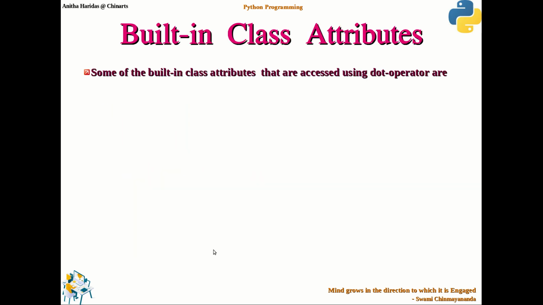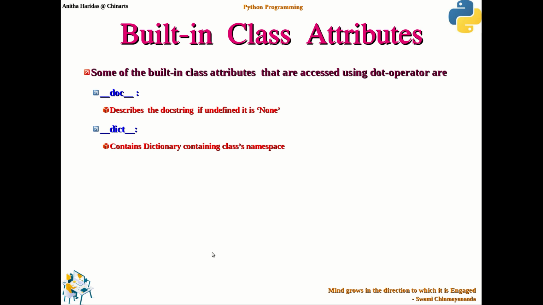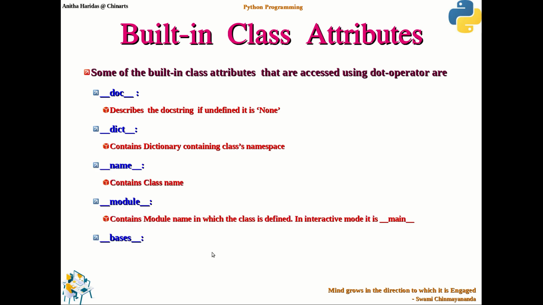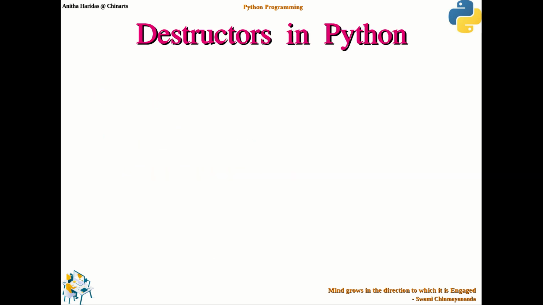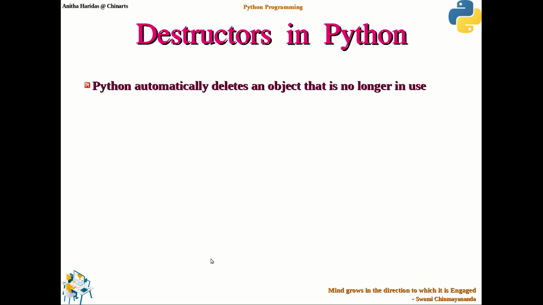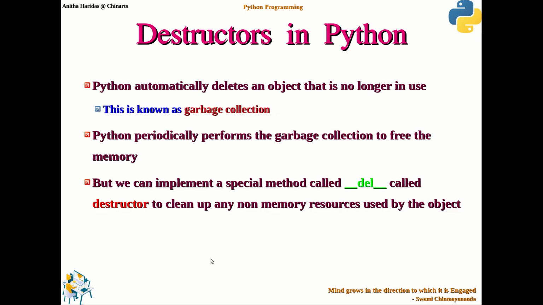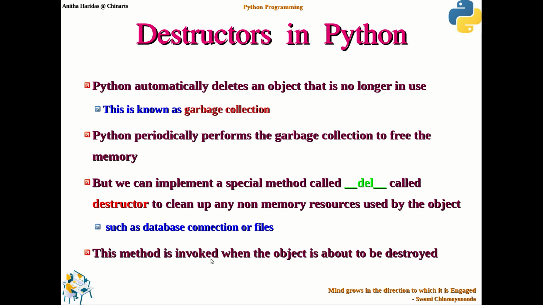Then we talked about the built-in class attributes which are defined with double underscores and how they can be accessed. Again, a demo program was discussed. Then we also talked about destructors in Python.